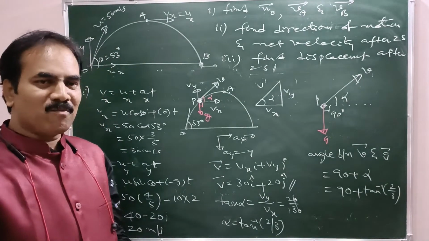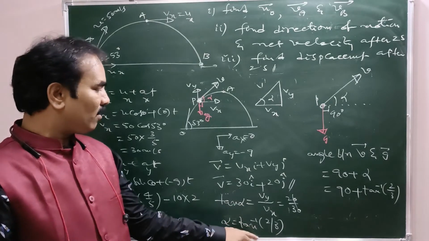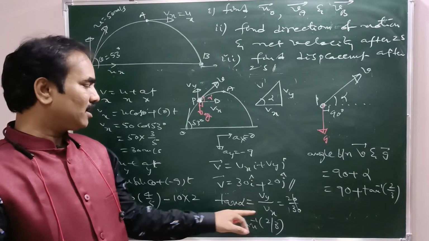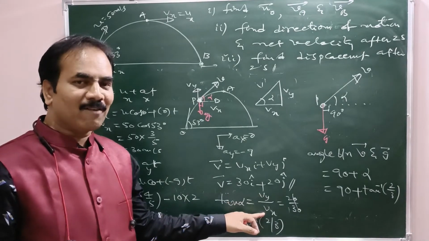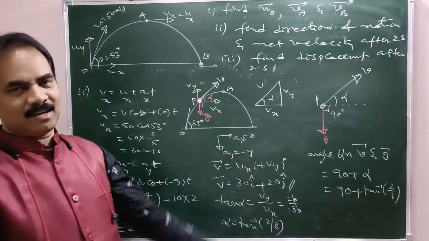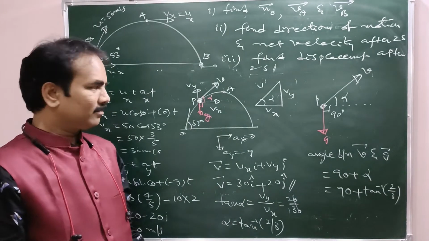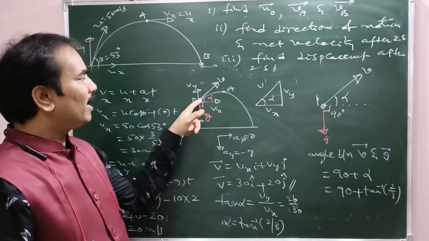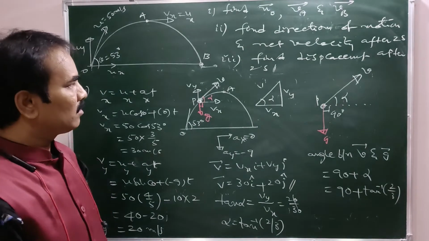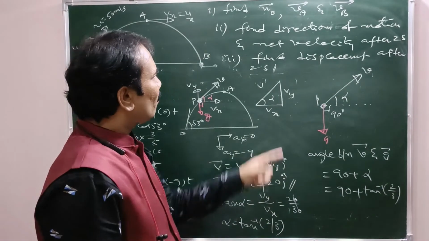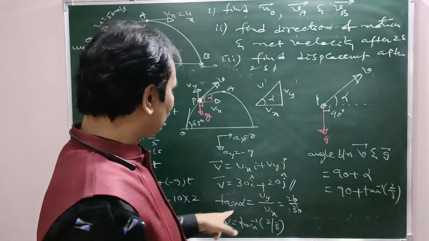So if you want to get the direction of motion, how to get it? Take alpha equal to tan inverse of vertical velocity by horizontal velocity at that instant. That gives the direction, meaning the angle made by the instantaneous velocity with the horizontal. Okay. Now the direction of motion and net velocity after 2 seconds are over.